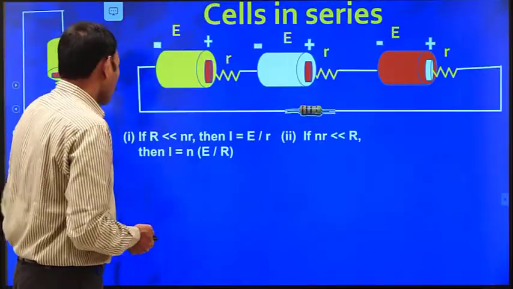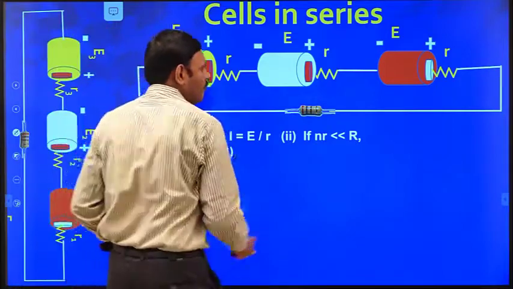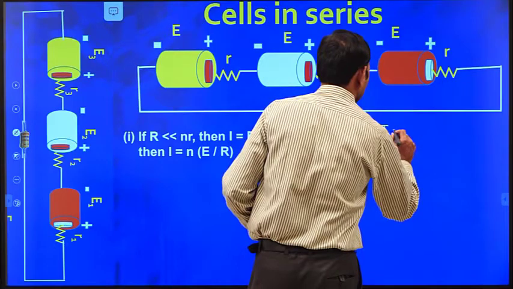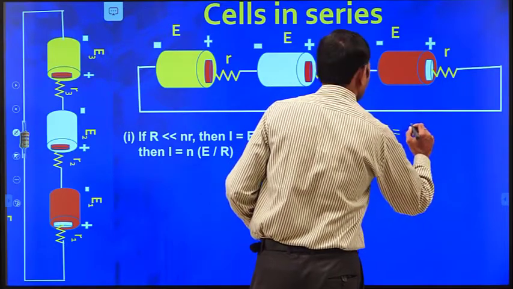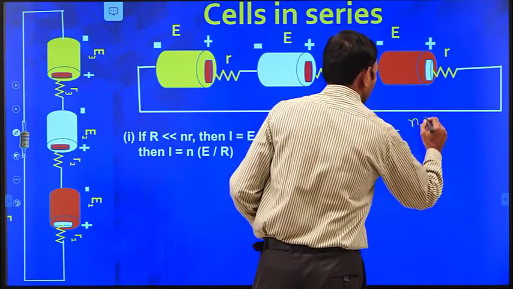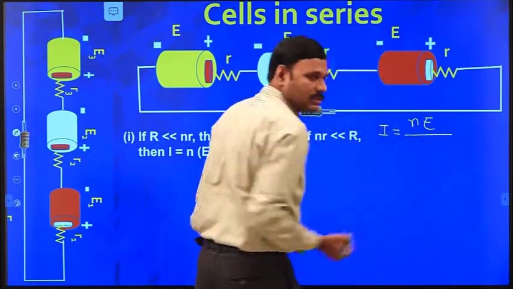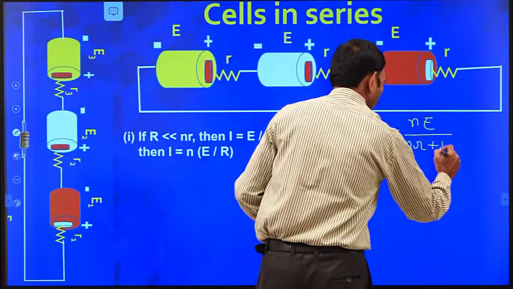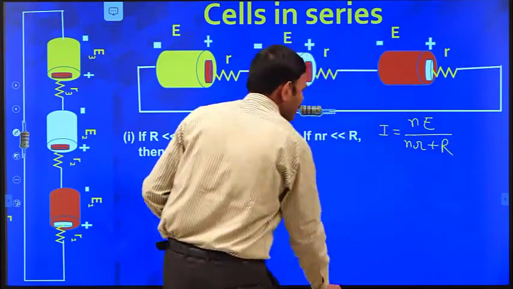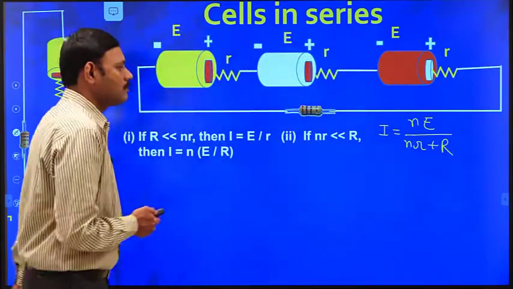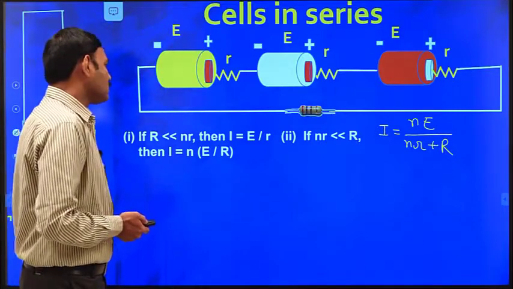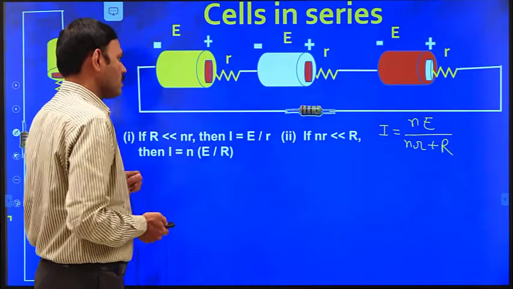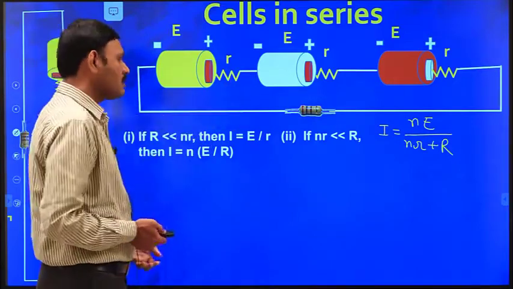Let us consider the formula we explained: I equals nE divided by nr plus capital R, for n identical cells connected in series. In that we have to consider two sub cases, that is, how the current formula changes in the two sub cases.